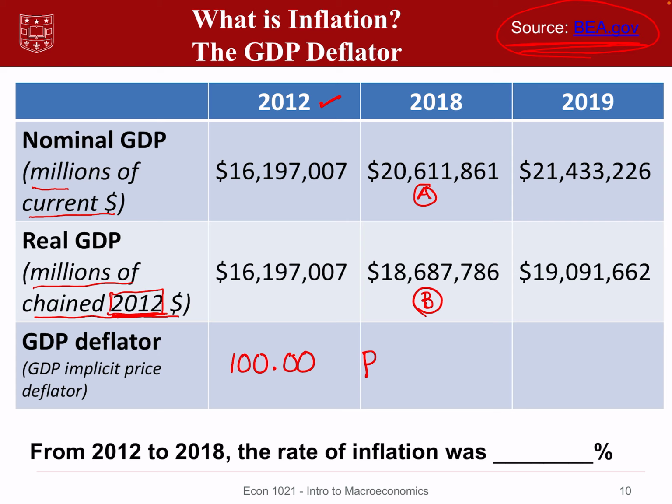The measure of the average price level in 2018 would be constructed as the value A divided by the B number, and then we're going to multiply that by 100 to get more significant digits.